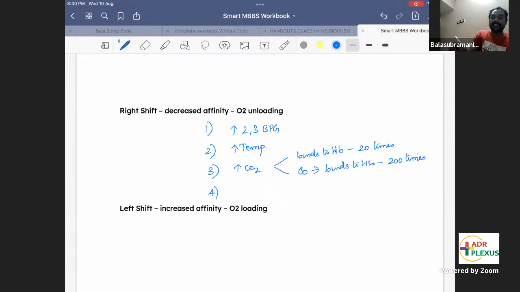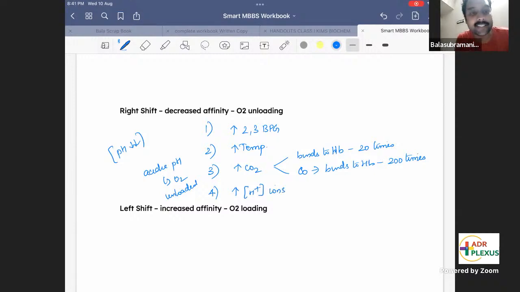The last point is tricky. In acidic pH, oxygen is unloaded. Acidic pH means pH is less. So I'm not going to write pH less like this. What I'm going to write is increased hydrogen ions. When the concentration of hydrogen ions is increased, the pH is less.